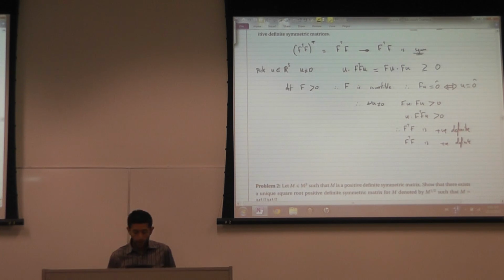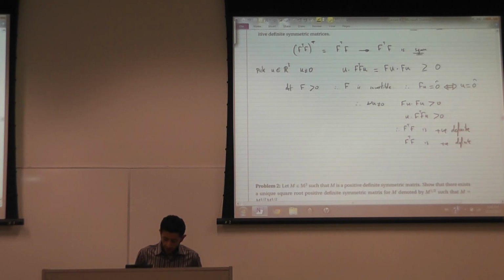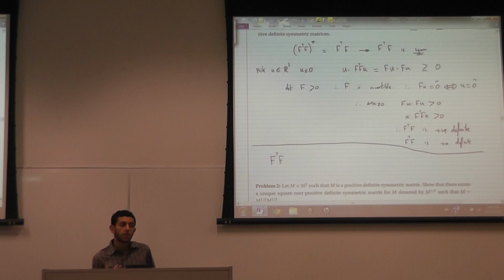So the first part is that we show that if I take F and I square it by multiplying F transpose F, I get a positive definite symmetric matrix.